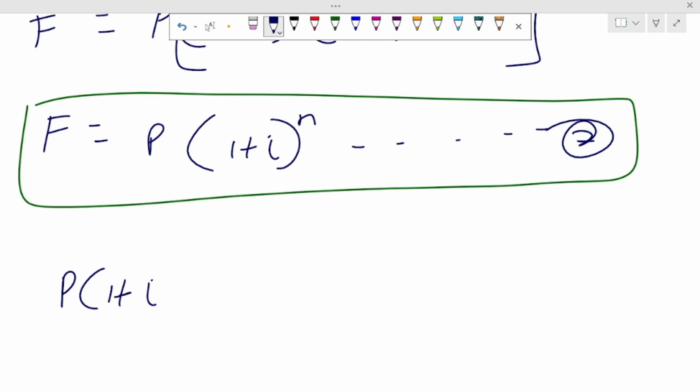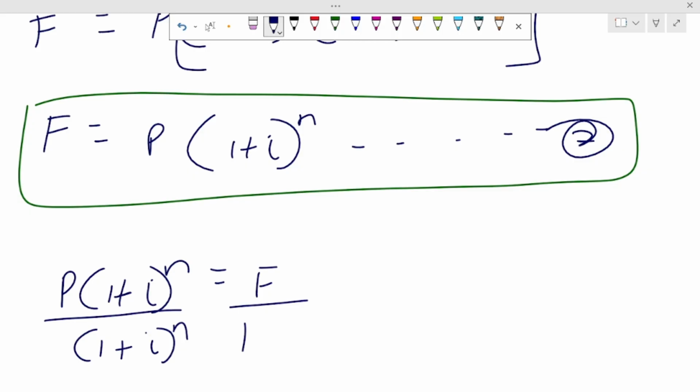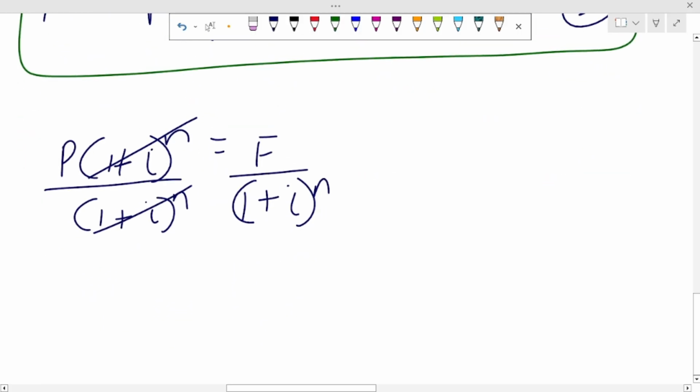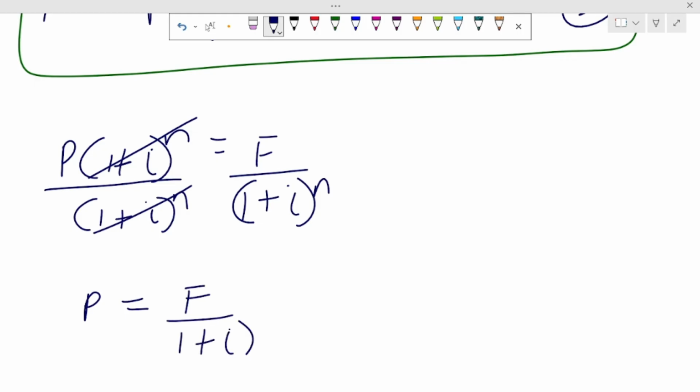Now of course divide both sides by this guy, so that P will remain alone, making P the subject of the formula. So all this cancels out, and what you are left with is P equals F over 1 plus I to the power N. So this is for when you are looking for the money.